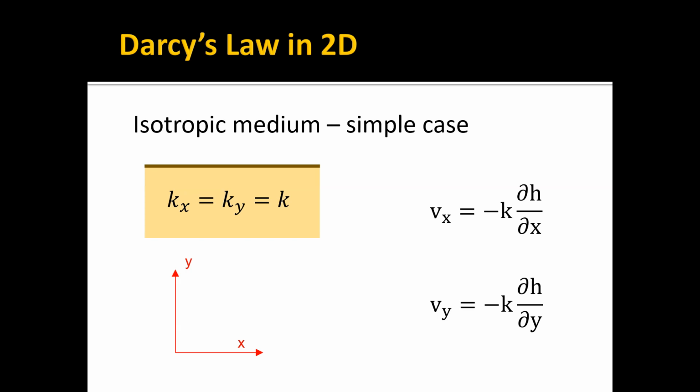So the flow in the x direction is equal to minus K del h del x. And remember, we can represent Darcy's law either as Q equals KiA or v equals Ki. Q is the volumetric flow rate and v is the Darcy velocity. In this case, we're using the velocity term, and we're also representing it using the derivative form.